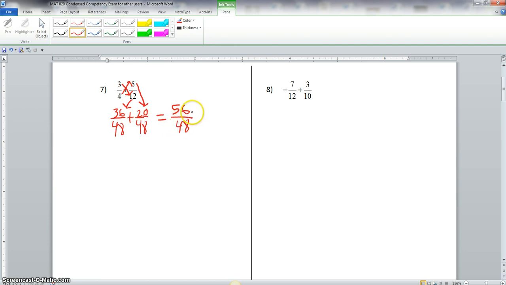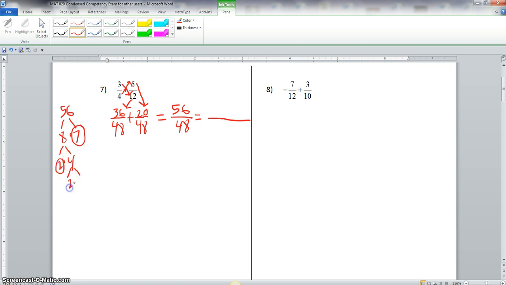Now, everyone in the class told me they know how to do the prime factorization. So we're going to go off to the side and do the prime factorization of 56 first. The prime factorization of 56, we know is 8 times 7. Now 7 is prime. Now we will break down 8. 8 breaks down to 2 times 4.